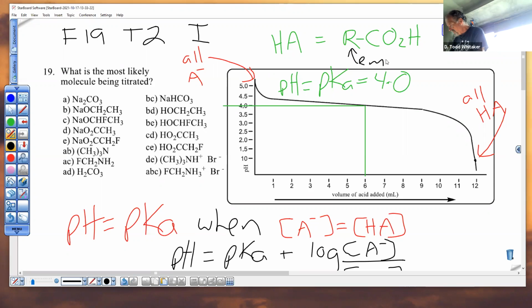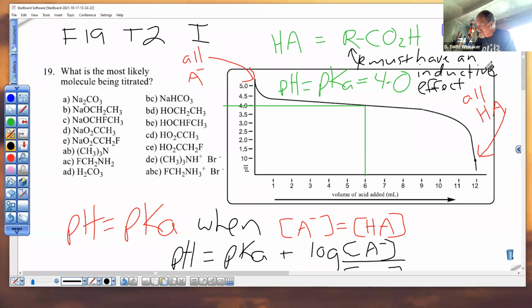R must have an inductive effect, because that's something that will lower the pKa, and that's an R, not an E. The inductive effect is when an electronegative atom draws electrons towards itself, thus stabilizing RCO2 minus.